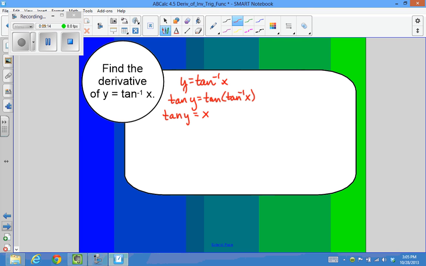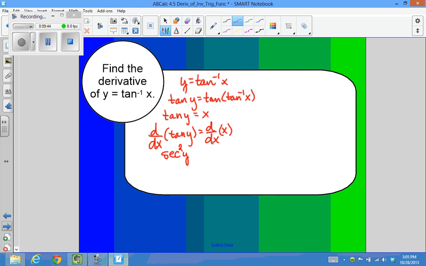Now then, I want to be able to take the derivative. So I'm going to, on both sides, take my derivative with respect to x. On the left-hand side, I know the derivative of tangent now. I didn't know the derivative of inverse tangent, but I know the derivative of tangent. That is secant squared y.